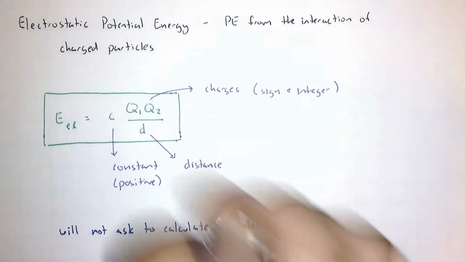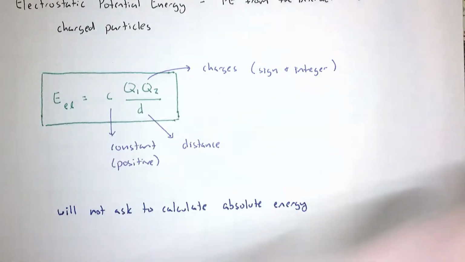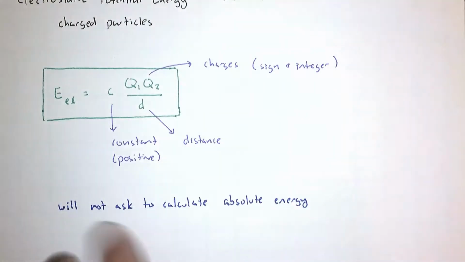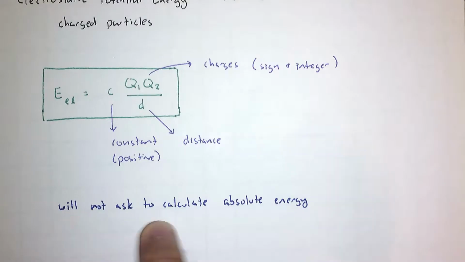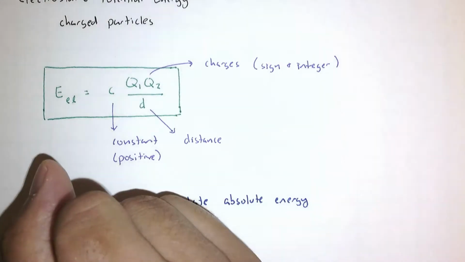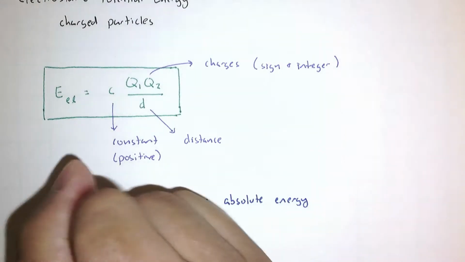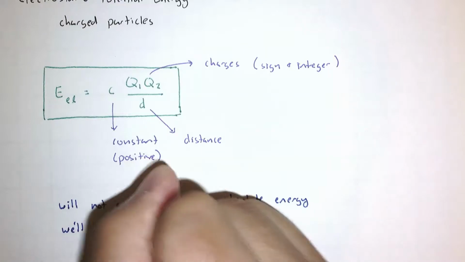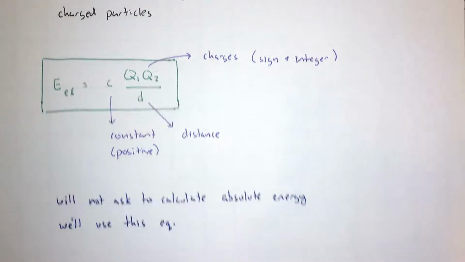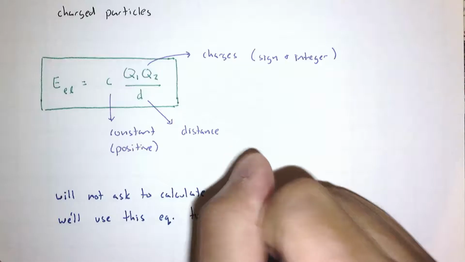Instead, we're using this equation to compare two different systems, to say, oh, this system has maybe twice as much energy, or half as much energy as another system with different charges and different distances. So instead of asking you in my class to calculate the absolute energy, we'll use this equation to compare two situations.